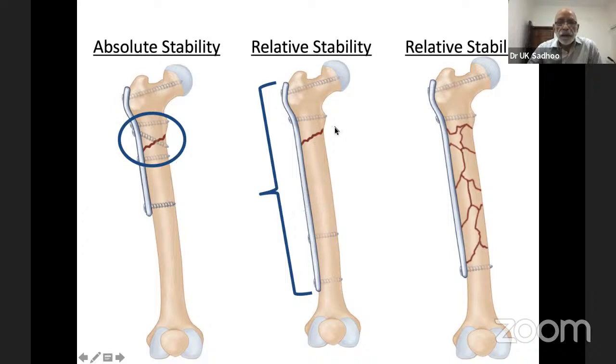The relative stability, as you know, comes with screws that are put in the proximal and distal fragment and a bit away from the fracture site so that there is a relative movement there or at the comminution site to produce some callus, which is a very welcome sight. But whether it is absolute or the relative stability, the implant, the plate, or for that matter, the nail has to be adequate length also.